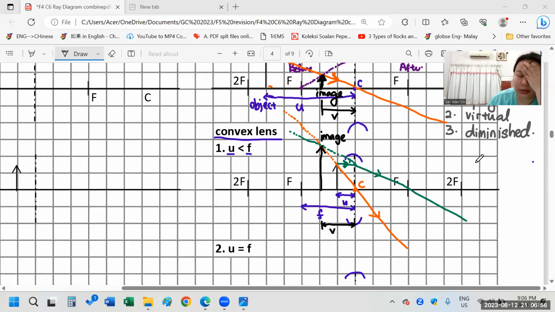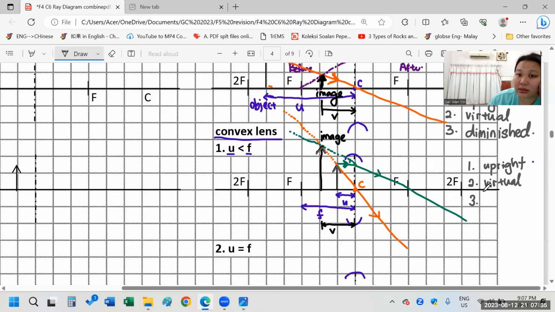Okay, so now let's write the characteristics of image 1, 2, 3. First of all, is it upright or inverted? Upright means same direction. Yes, upright. Both object and image are in the same direction, which means upright. Since upright, it is virtual.